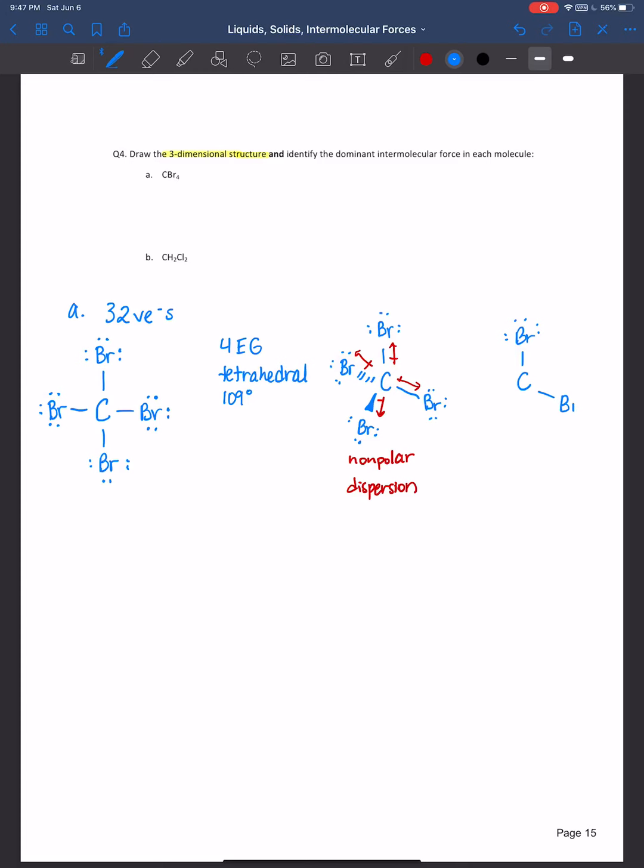So I'm going to draw another carbon tetrabromide molecule next to the previous one. I'm also going to draw it in 3D. I think it's important to start thinking in 3D. It's a skill that you have to learn. It took me a while, but once you do it, you'll definitely feel comfortable.